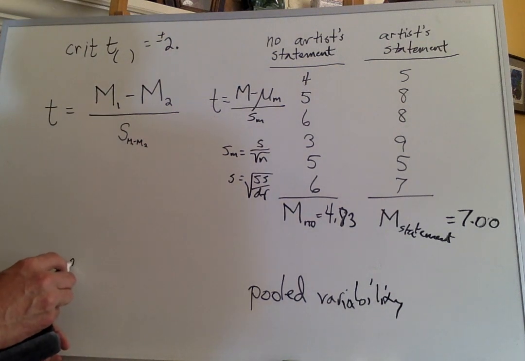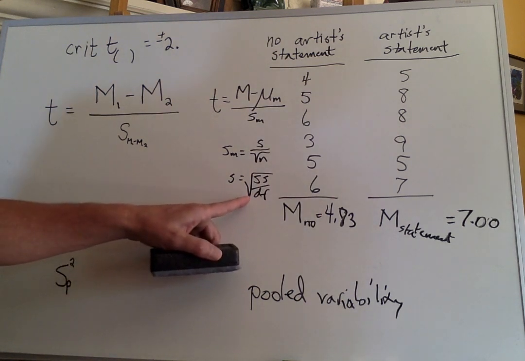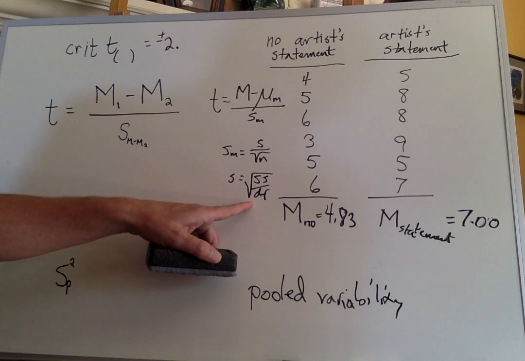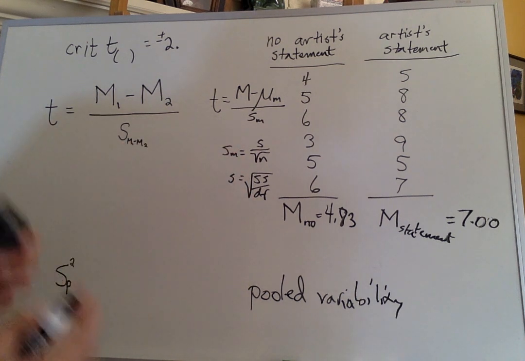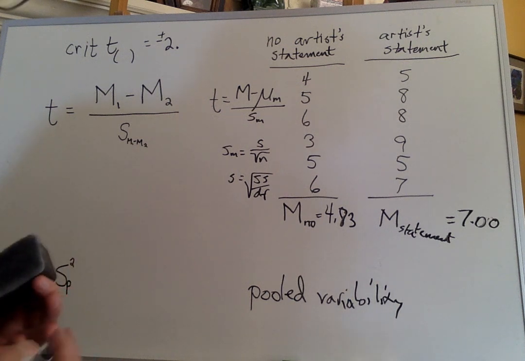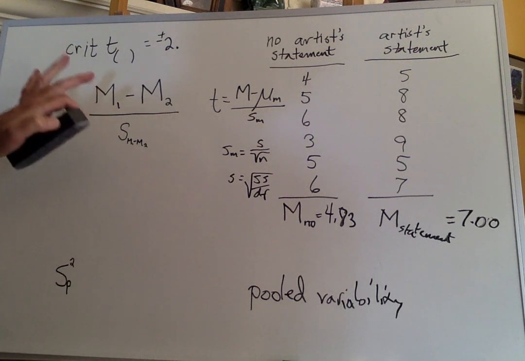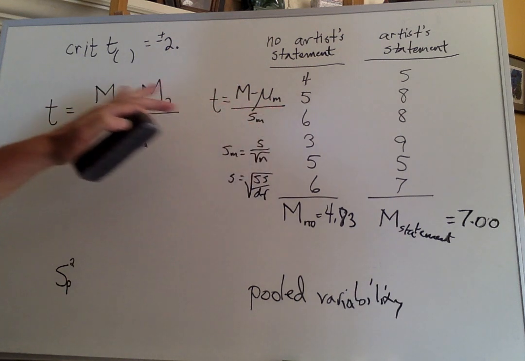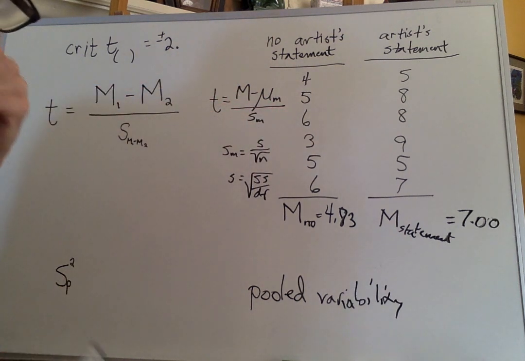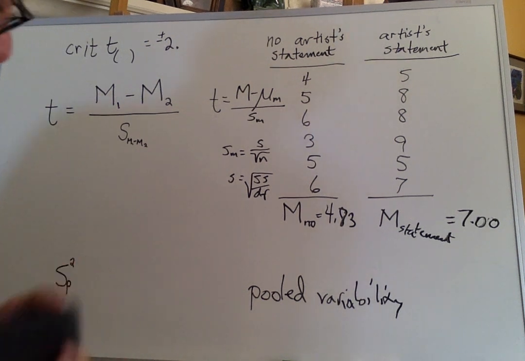And this is going to be an S squared, okay? That's because we're not going to take the square root at this step. We're going to do the square root at this step. You'll see how this unfolds. I just want you to understand that this is really the same process as this. It's just that it's more complicated because we have two samples now.